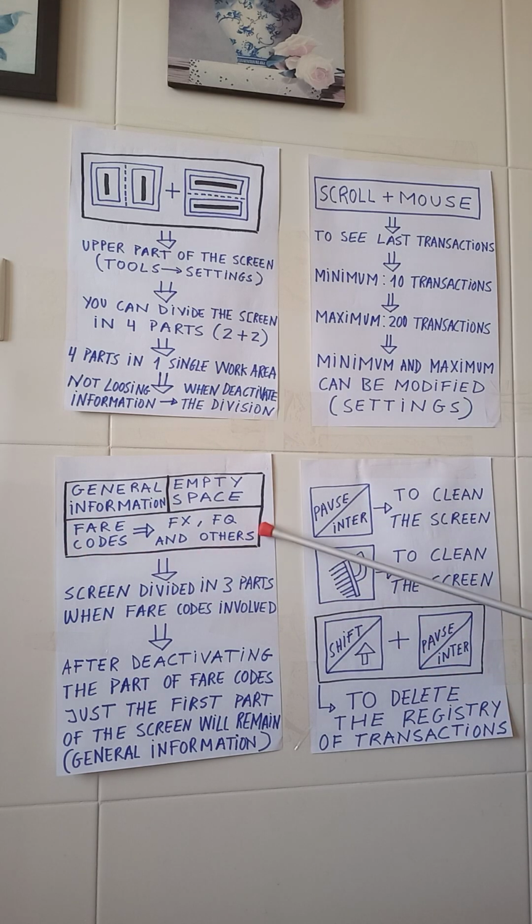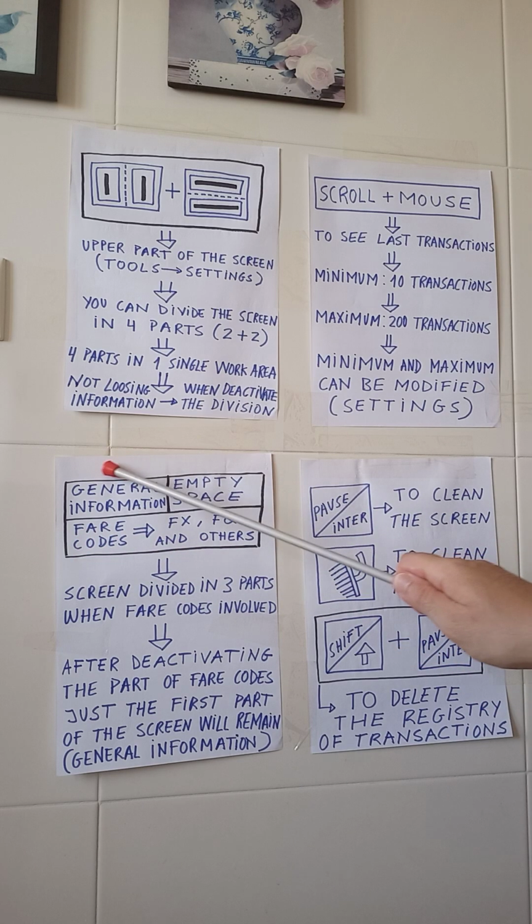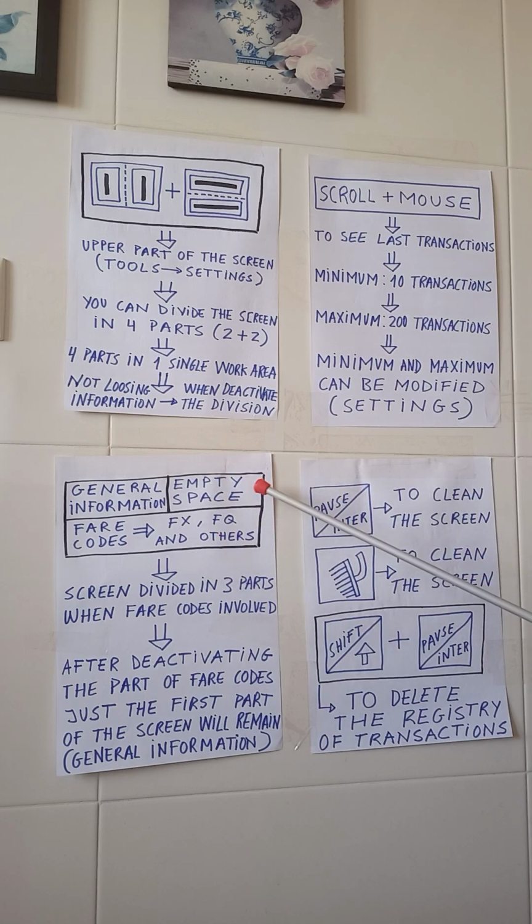So this part will disappear once we finish with fare codes, and we will have again just two parts, and this empty space will have information again. This space will be filled again.